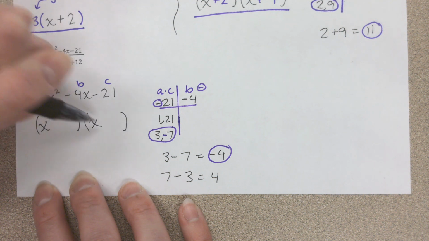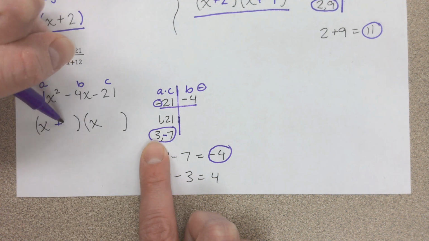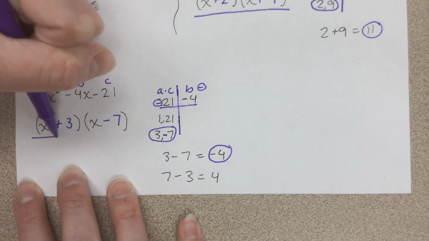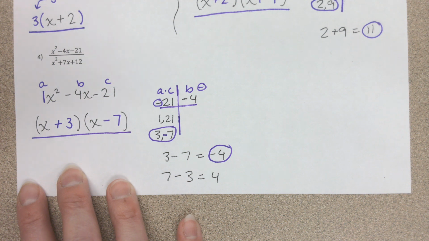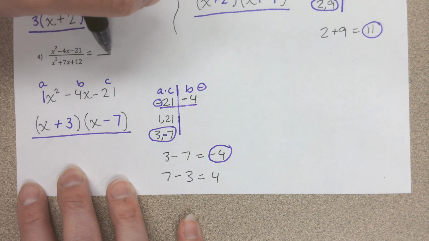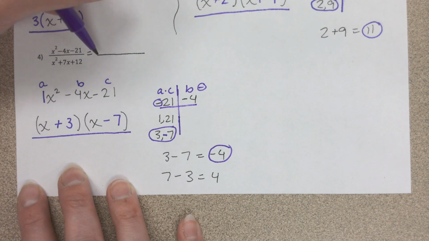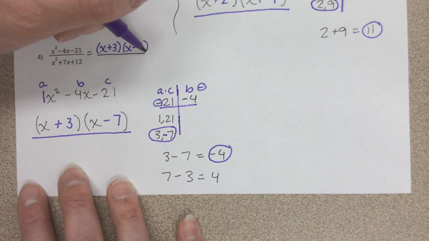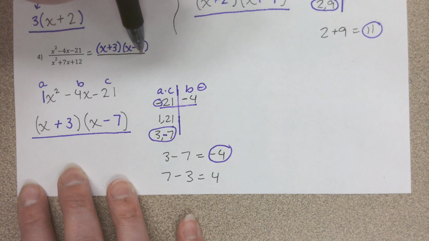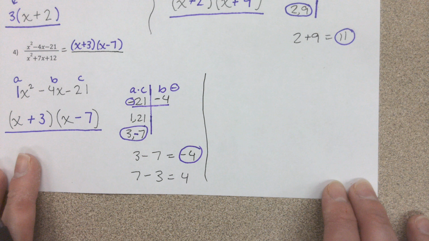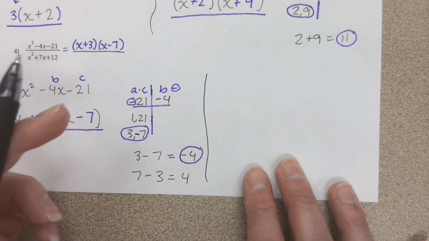We have our x's, positive 3, so plus 3, negative 7, so minus 7. Let's go ahead and replace that. It goes on top of the fraction, x plus 3, x minus 7. And we'll do that again with the bottom.